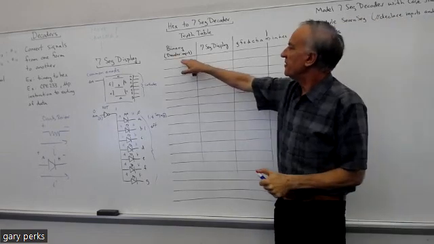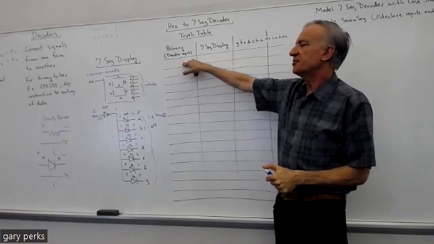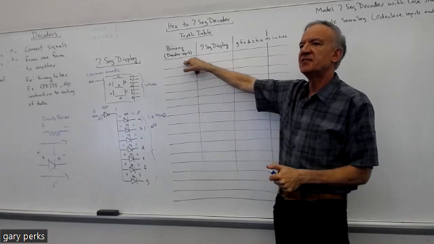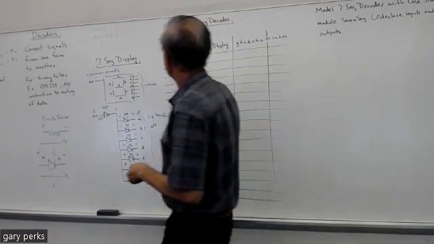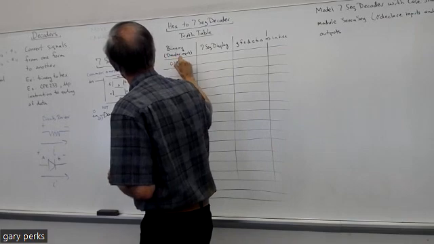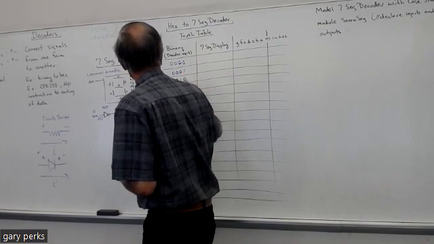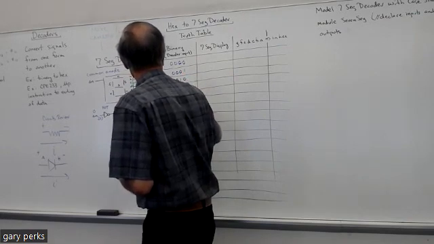If I want to fill out this truth table, since there are 4 bits, how many rows am I going to have? 16, right? So you see here I have all zeros, 0, 0, 0, 1, 0, 0, 1, and so on. Just fill it all out. You've done this before.